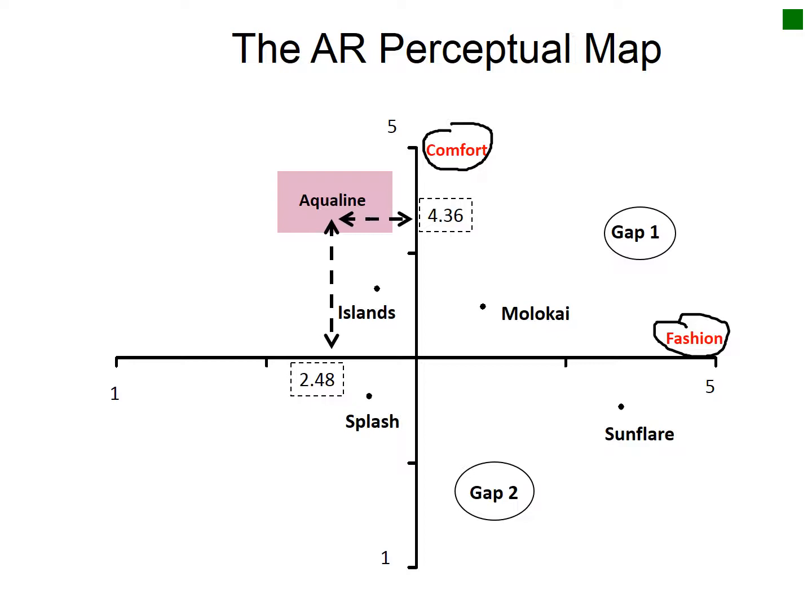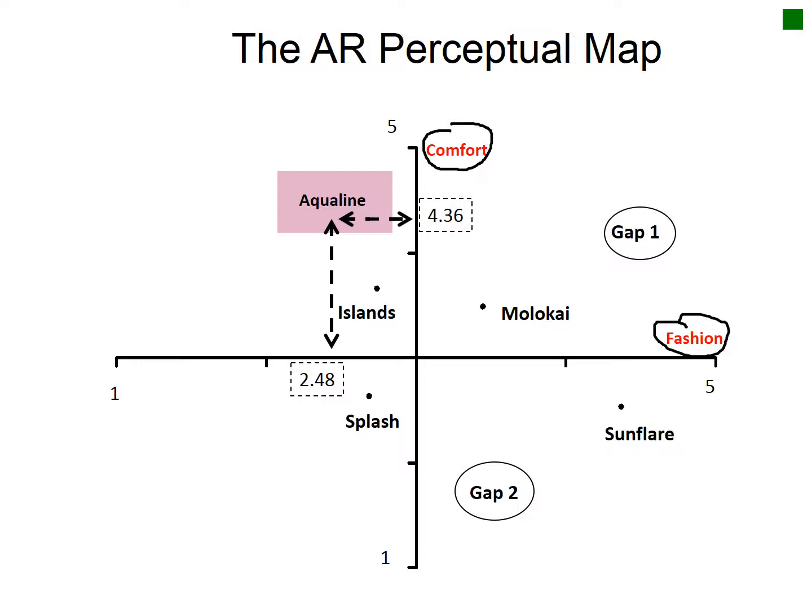The last thing that I'll point out is from a strategic marketing and brand development perspective. If we're looking to gain market share, there's a couple things we can do. We can look for spaces in the map that show areas where there's no competition.